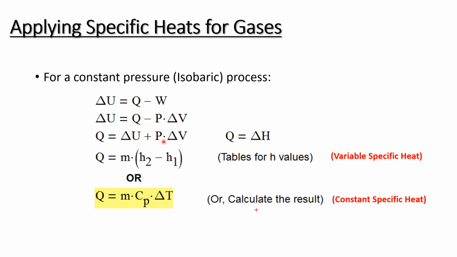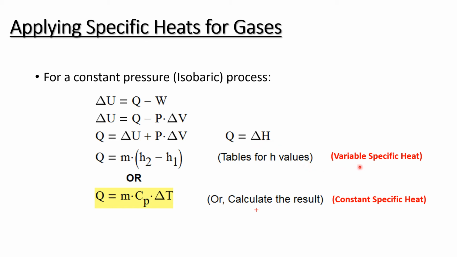It's simply delta U plus P delta V. But we introduced the concept of enthalpy, and we'll recognize that U plus PV is enthalpy, and so delta U plus delta PV is delta H. So Q is equal to delta H.